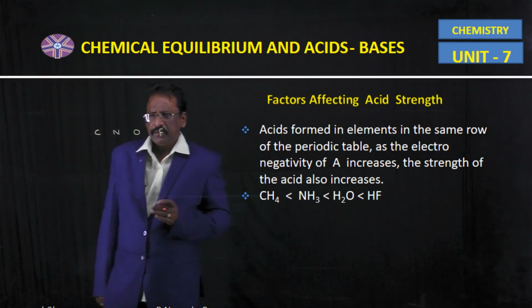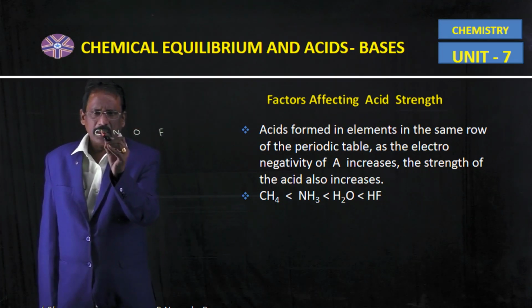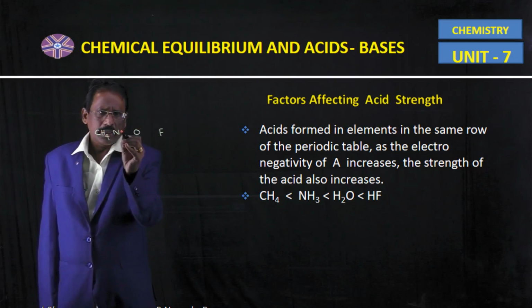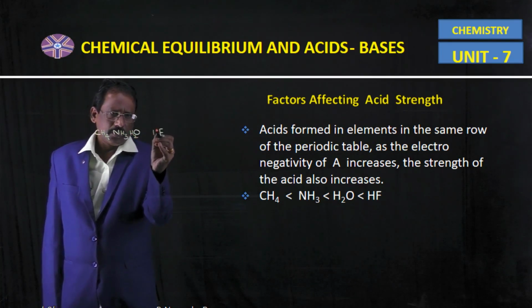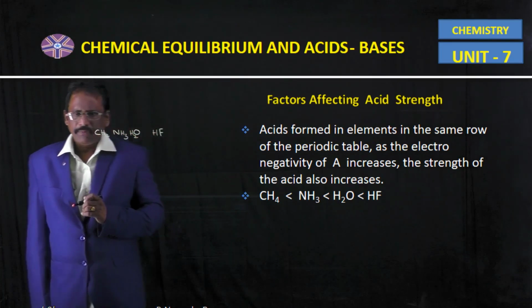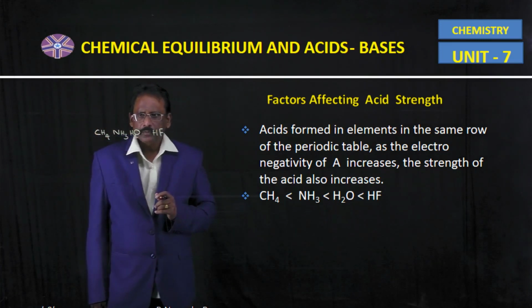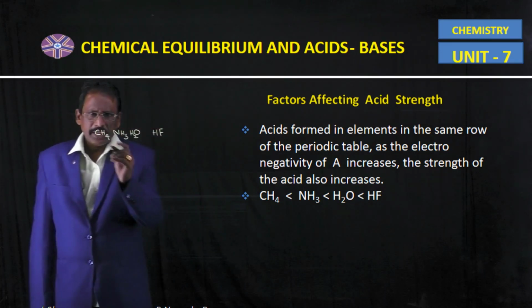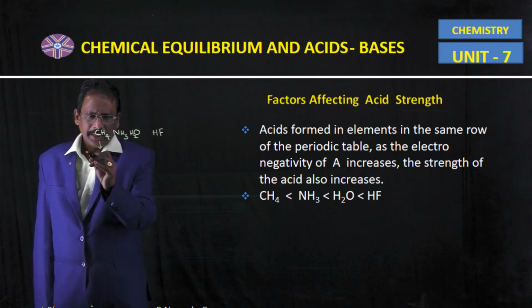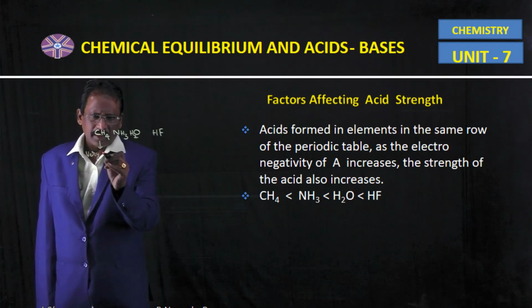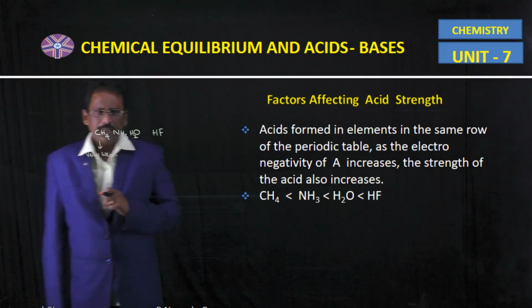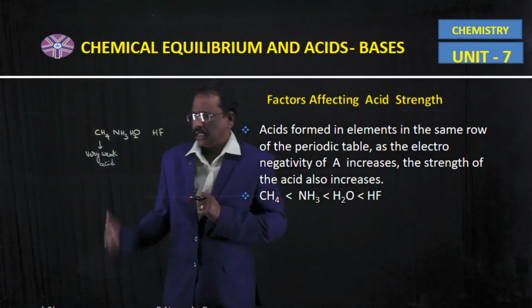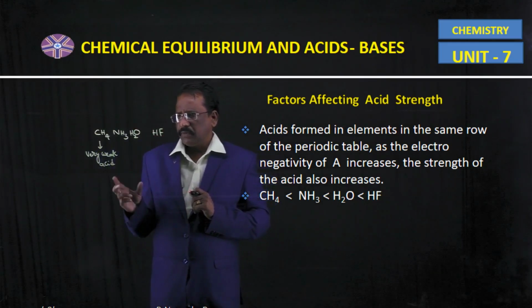If they combine with hydrogen, CH4, ammonia, H2O and HF will be formed. So this is a very weak acid because the electronegativity difference between carbon and hydrogen is very less.